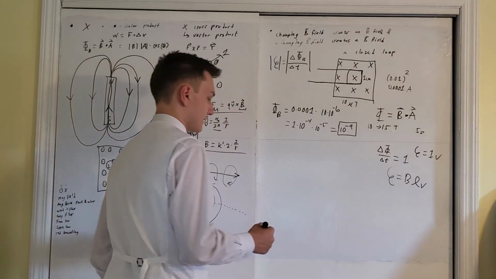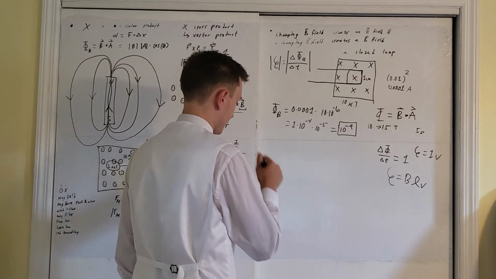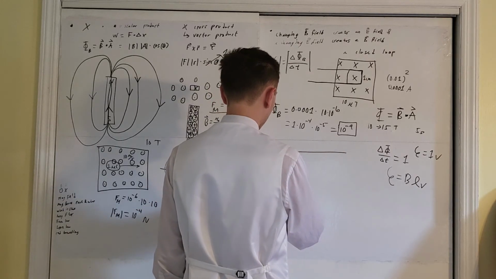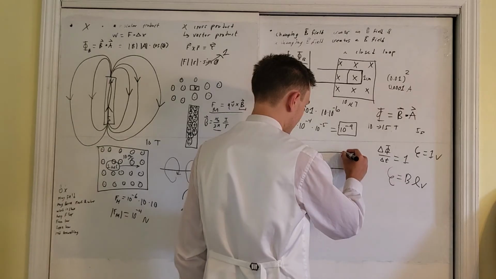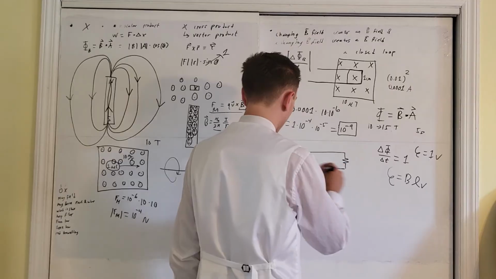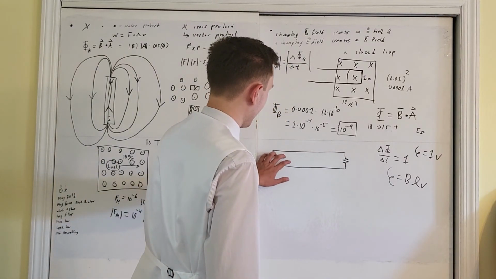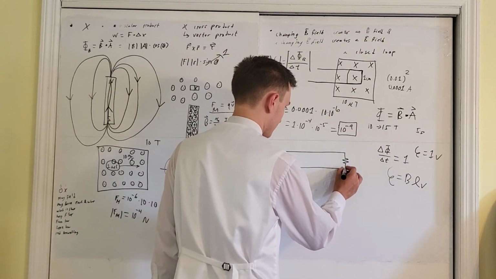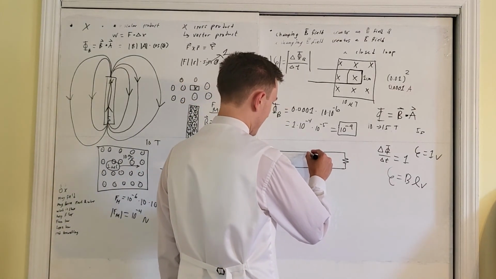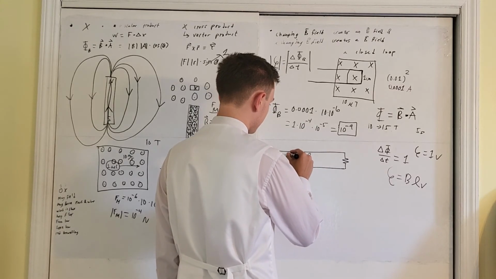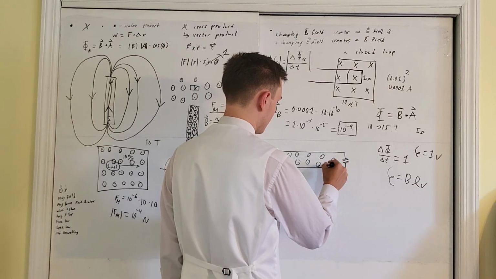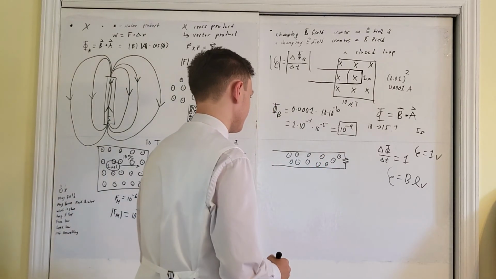Let's draw the apparatus in which this is observed, okay? You would have two wires, and at the end of the two wires is a resistor, okay? On this side, the wires are open, and on this side there's a resistor between them, okay? Now, there is a B field coming out of the page throughout this area, okay?